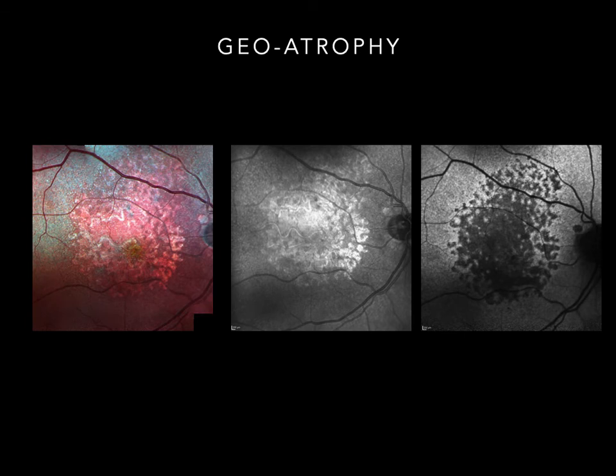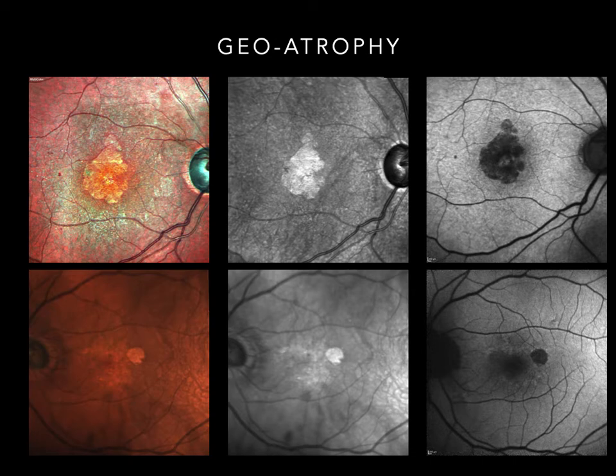In fundus photographs, GEO-ATROPHY appears as white, well-defined areas of RPE atrophy that appear hyperreflective in infrared and red-free photos and show reduced autofluorescent signal in blood autofluorescence photos due to absence of RPE cells or presence of degenerated RPE cells with reduced lipofuscin content.